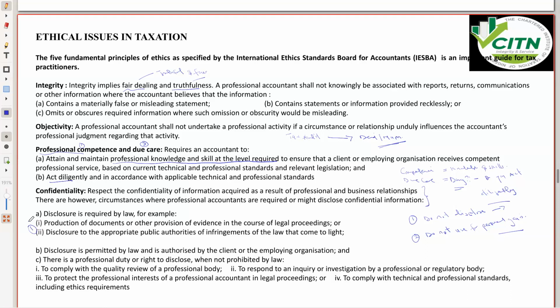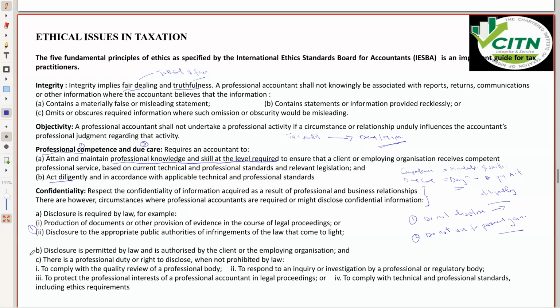There is a court case, and that court case points to the fact that as a tax auditor, you have done some review. Please come and provide evidence around this particular matter. In that situation, you will not be in breach of the confidentiality principle if you disclose what you know, because it is required by law.